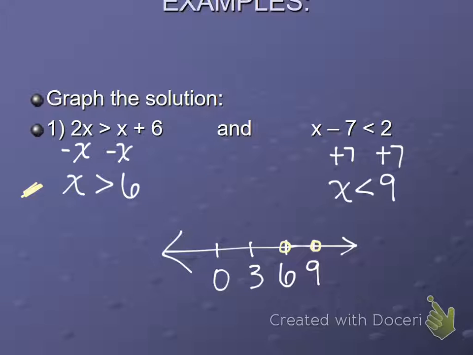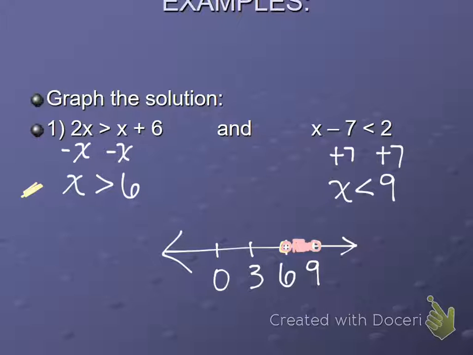I'll do it in a different color. So open circles only shaded in between them, which is a very small section of our graph. Again, they're both open because we did not have the equal to bar. We're shaded in between because that's where they overlapped.